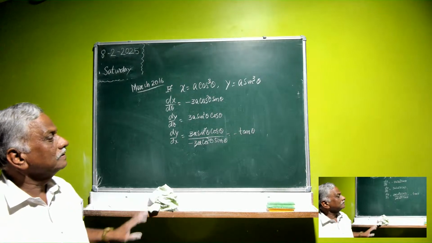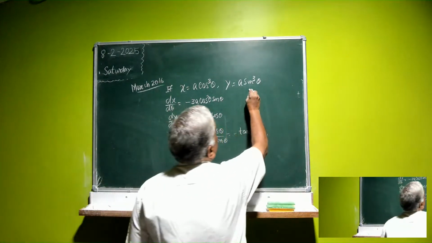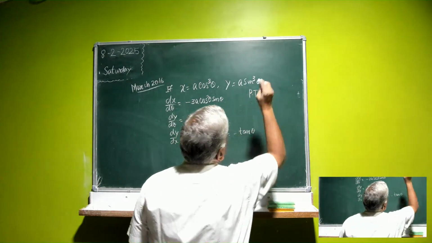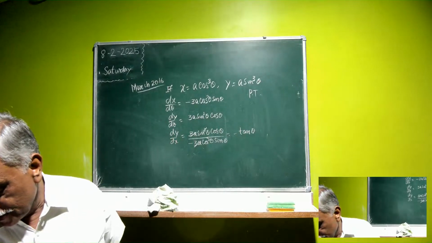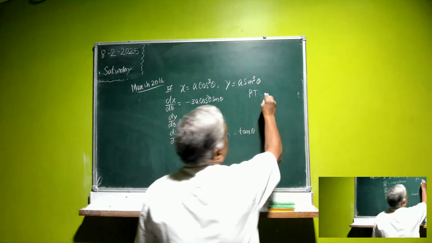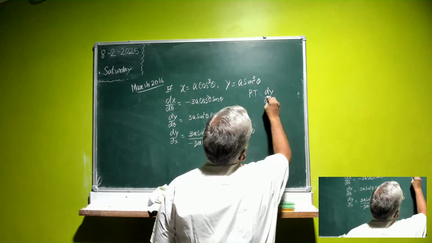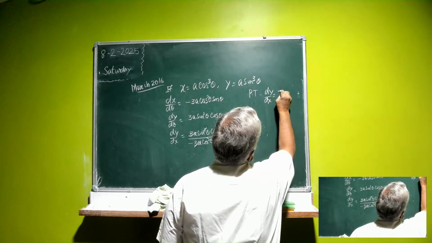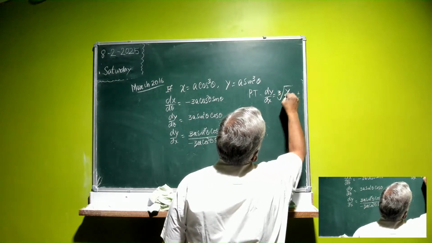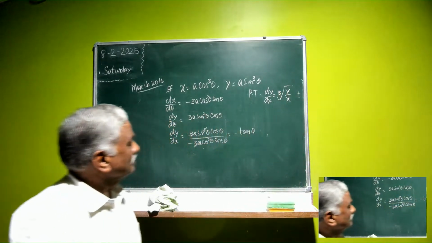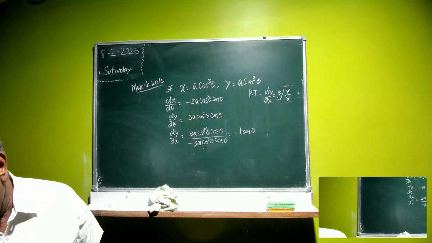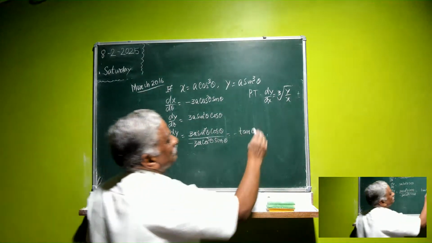But they have given here, prove that dy by dx is equal to minus cube root of y by x.